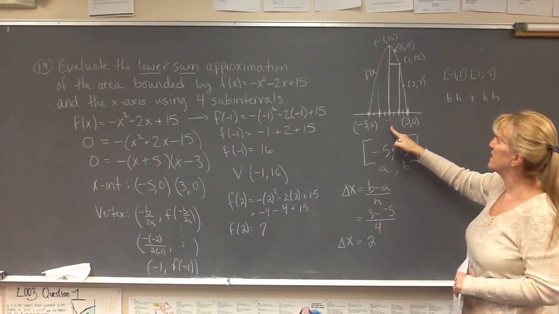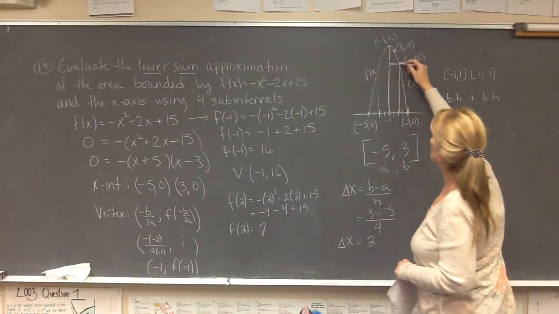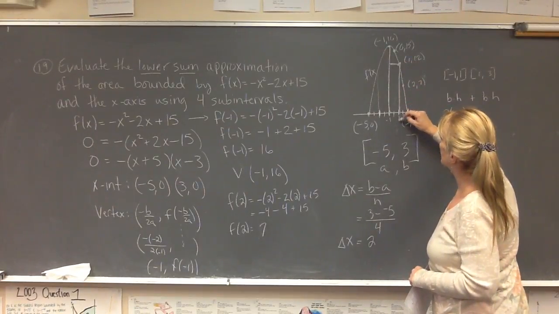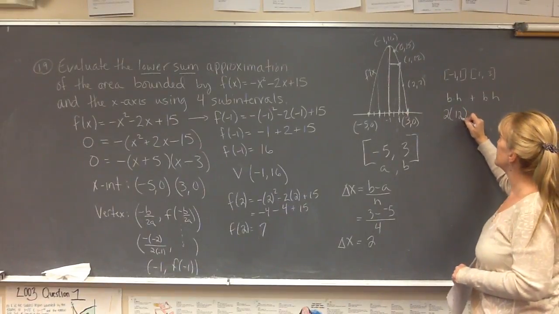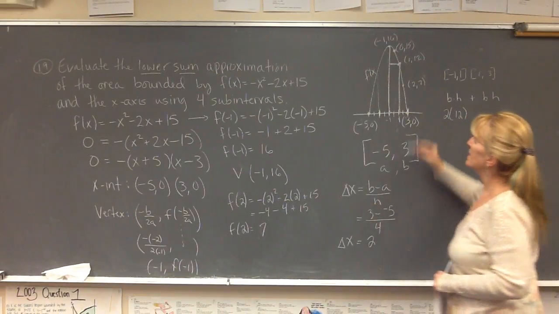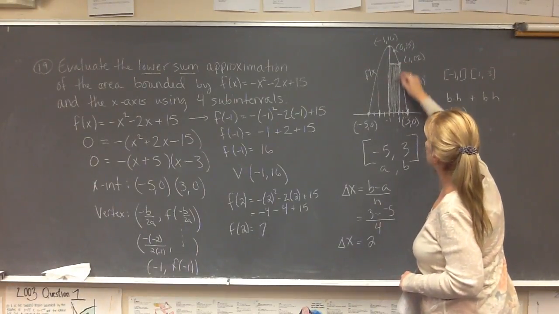This rectangle has a base of 2, we knew it was going to, and it has a height of whatever the height is right here at 1, which I already figured out to be a 12. So the height of the function is a 12 right there. This gives me this area right there.